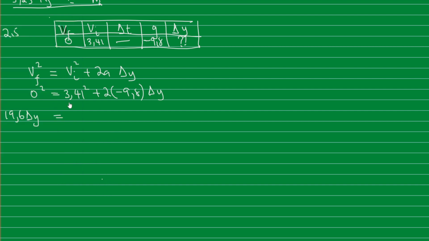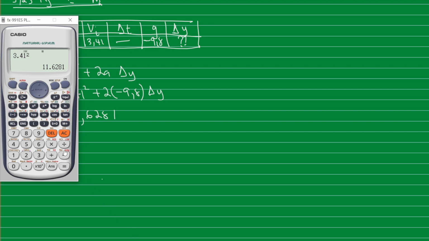So 11.6281 divided by 19.6 gives 0.593, to 3 decimal places.